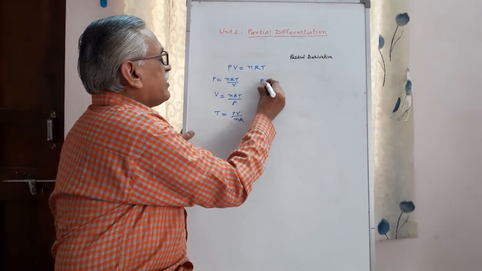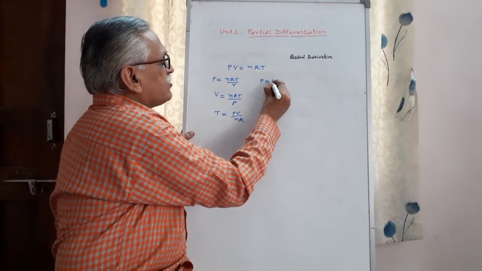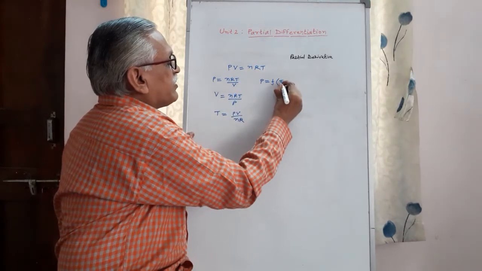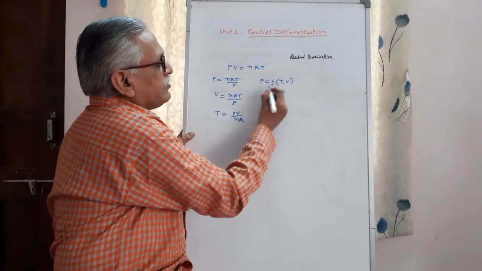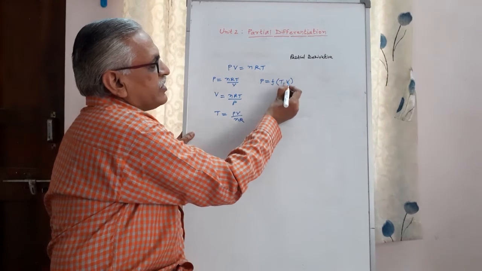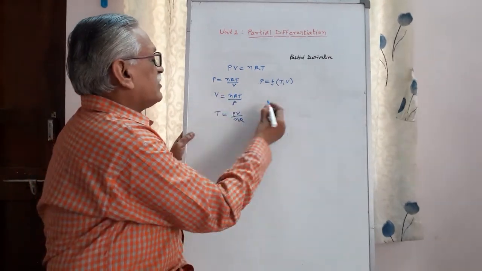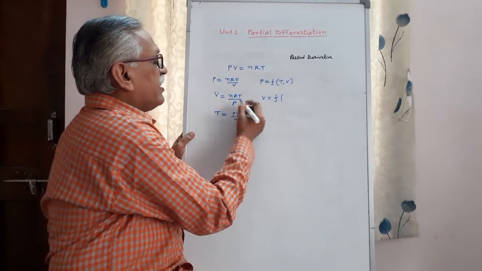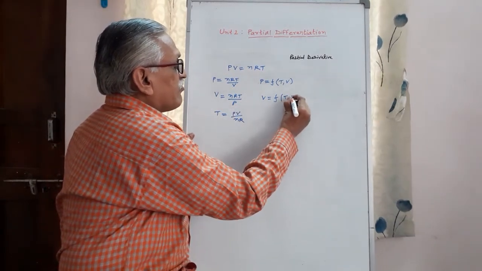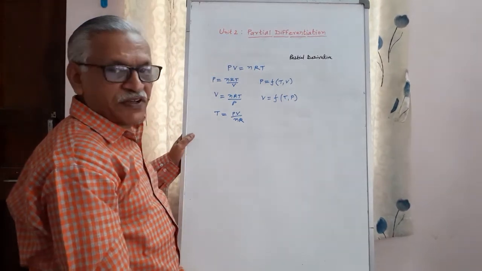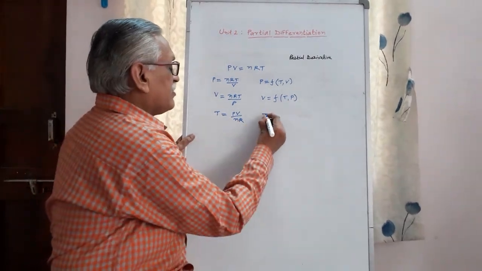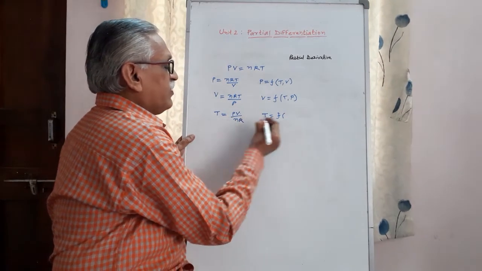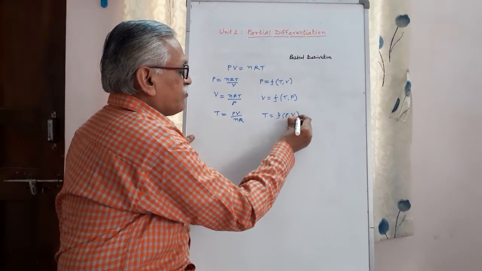Then we can write this in terms of the function. Therefore, P I can write as a function of two independent variables. What are those two independent variables? T and V. Means here it is a function of temperature and volume. Here V is a function of T and P, temperature and pressure, and here T is a function of P and V, pressure and volume.